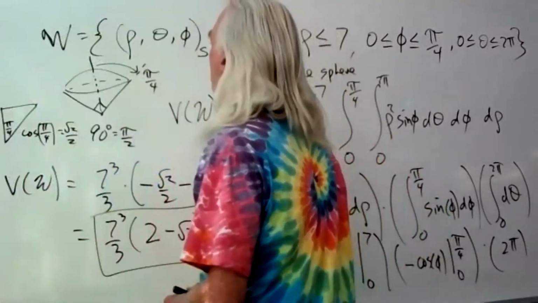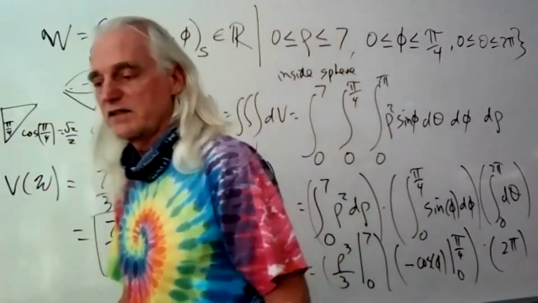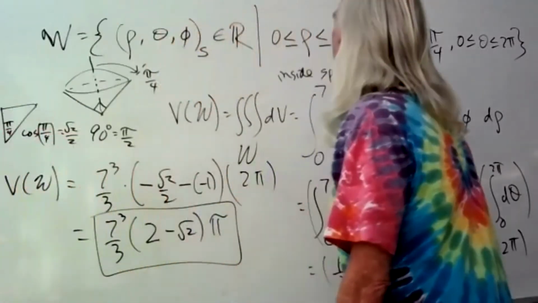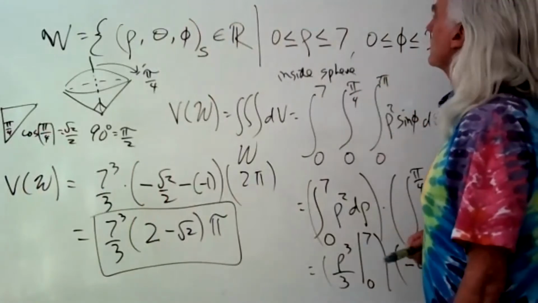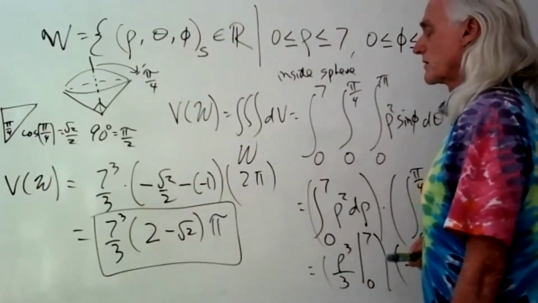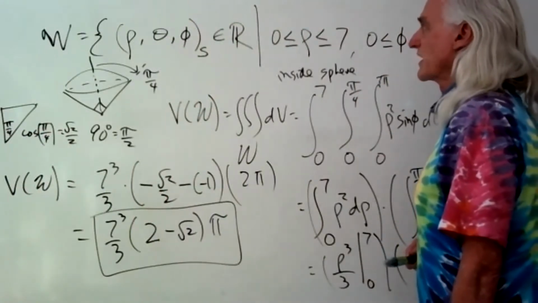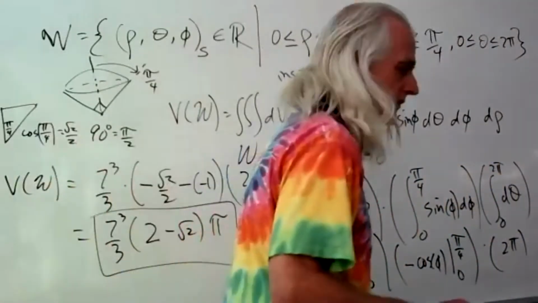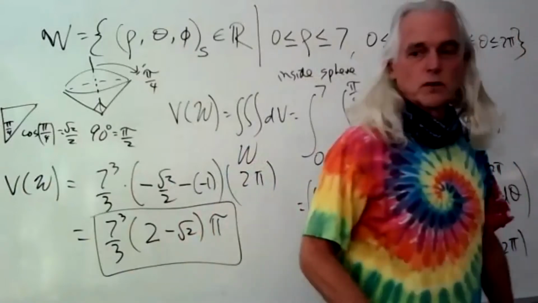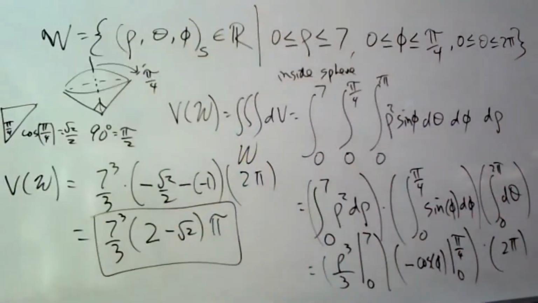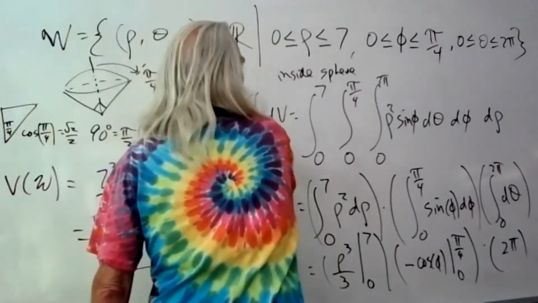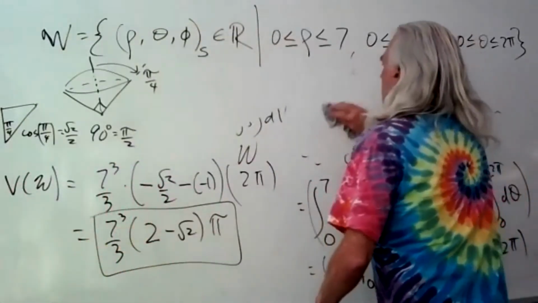Let's do the next one. What is the other coordinate system? The way to do this is with cylindrical coordinates. So in cylindrical coordinates, probably a good idea to draw a little picture.